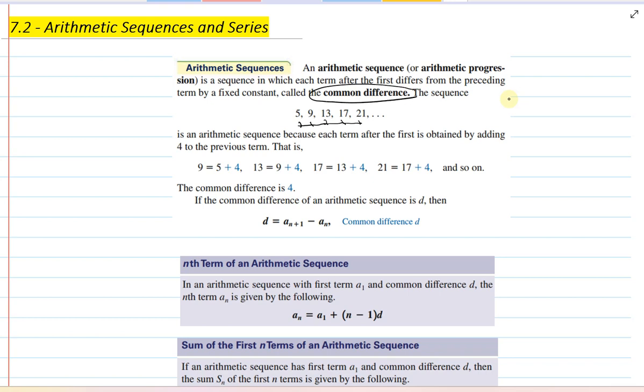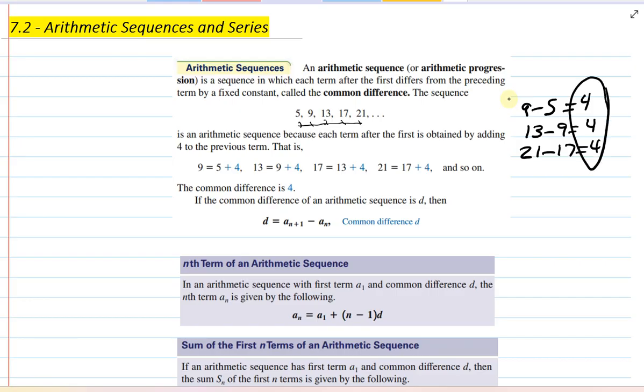The word difference means I need to subtract, right? So if I subtract 5 from 9, I get a difference of 4. If I subtract 9 from 13, the next term, the difference is common. Look at 21 minus 17. You see how we have a common difference between successive terms? Again, that's what I call the signature of an arithmetic sequence. The sequence is recognized as an arithmetic sequence.